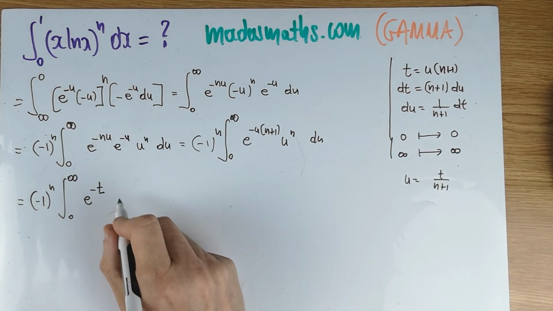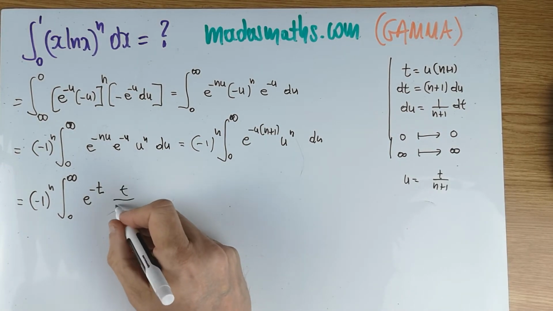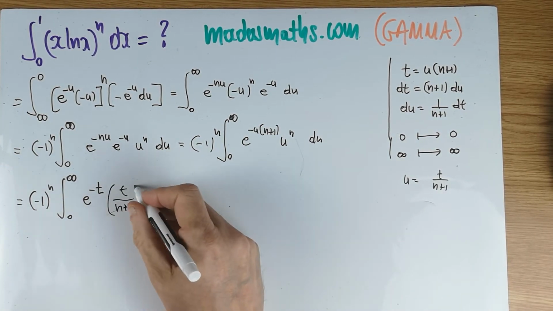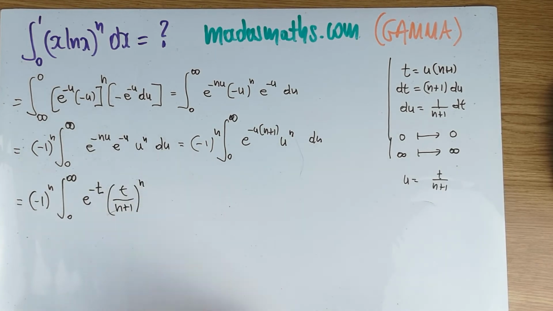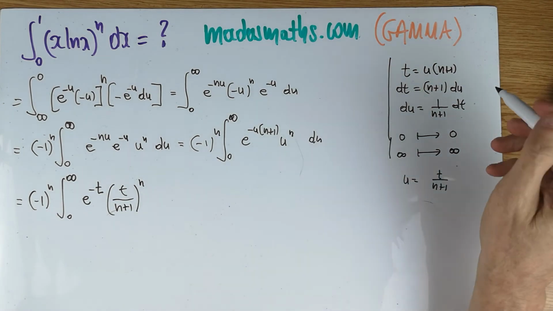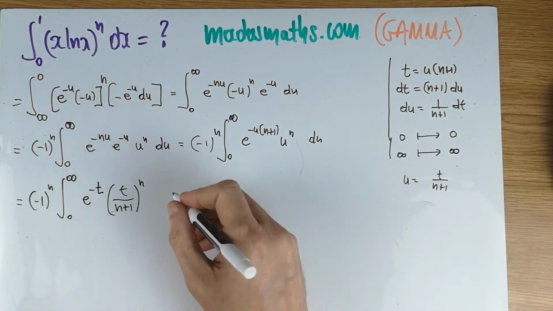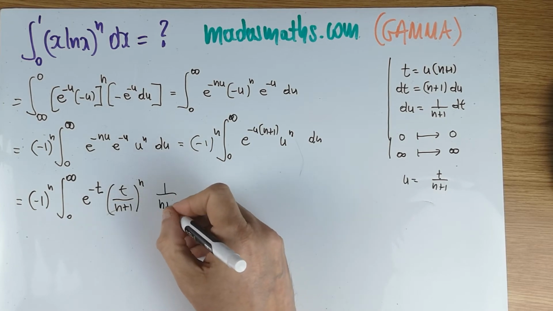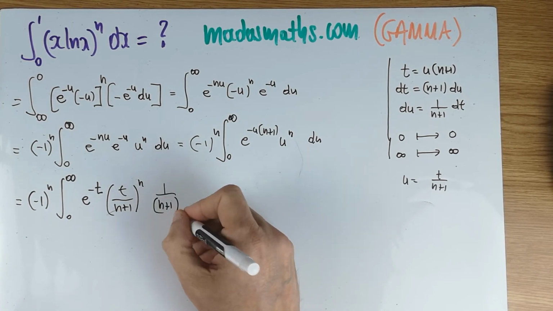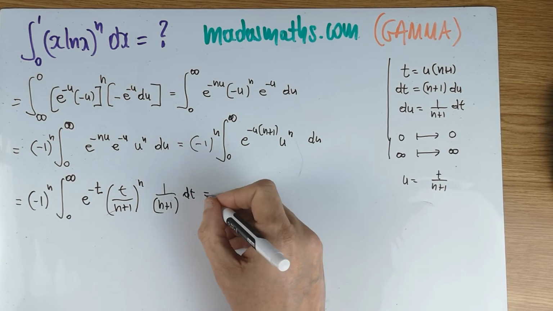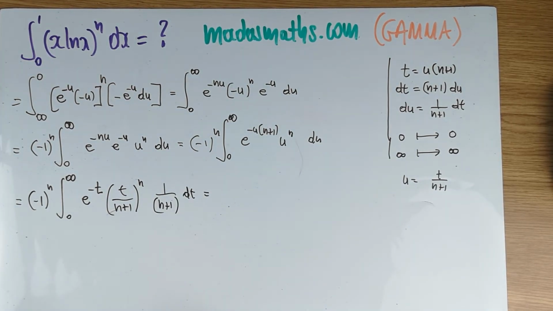So it's going to be t over n plus 1 all to the power of n, and we have, of course, the du, and the du is 1 over n plus 1 dt. Okay, we're going to do a couple of things at once.